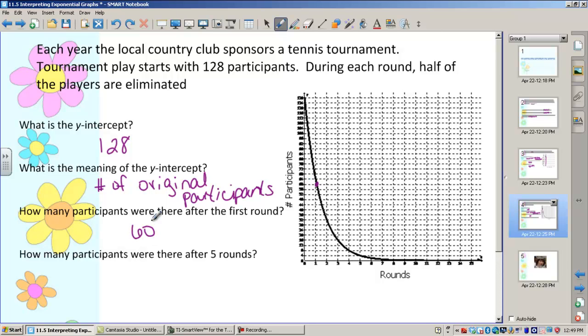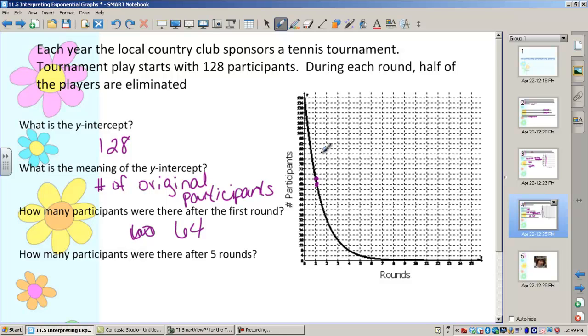Each round, half of the players are eliminated, so I guess that number is probably not 100% accurate, because half of 128 is really going to be 64. I guess my line didn't go up. There are 64 after the first round. I guess it hits more like about right here than it does right here, based on the graph. But anyway, there you go.